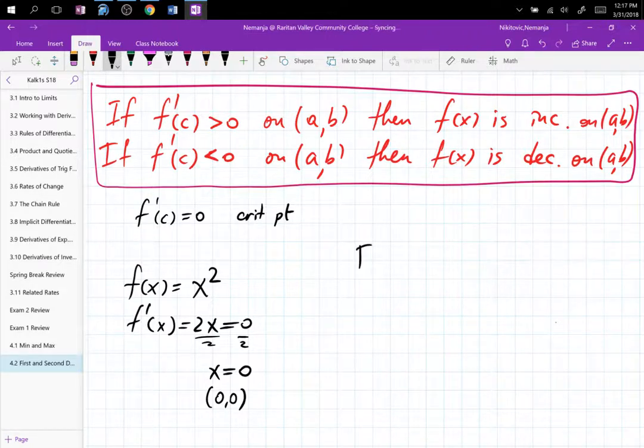Now here's your first derivative test. What we do is we take all critical points and all vertical asymptotes and we partition the domain of the function. So I have a 0, that's negative infinity on this side, positive infinity on the other, because the domain for x squared is like that. So this over here is the critical point.